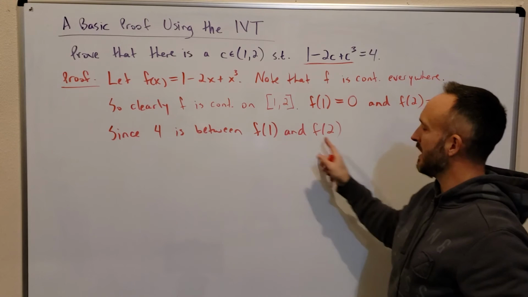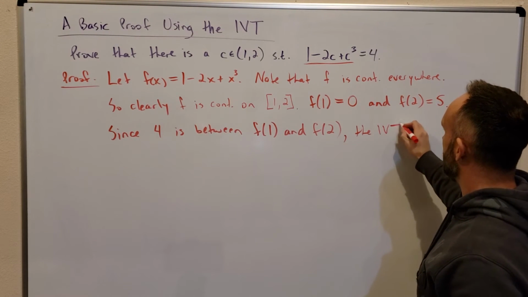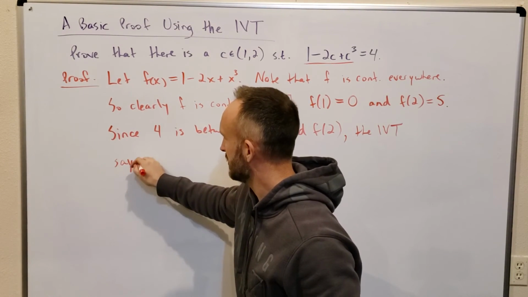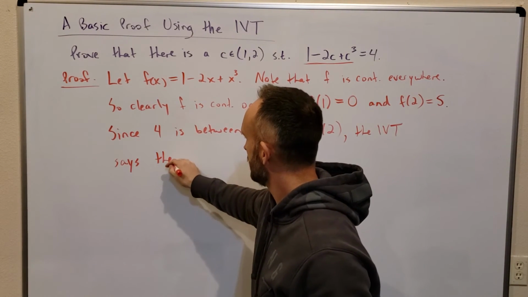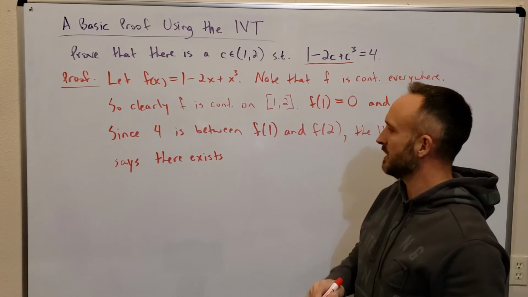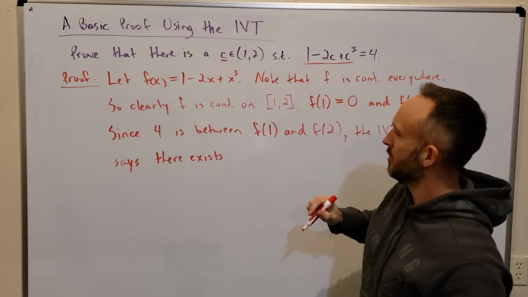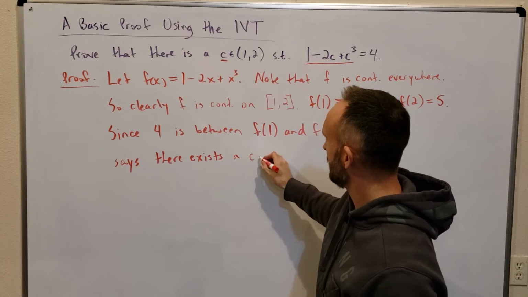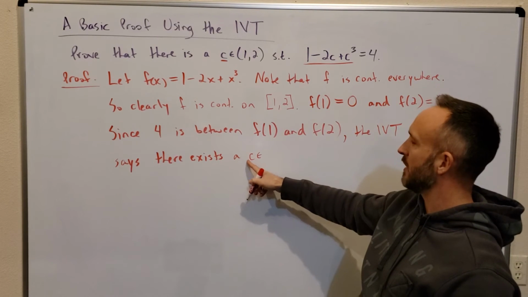So since 4 is between f of 1 and f of 2, the IVT says, let's cite the theorem that we're invoking, says there exists, well, what letter are we using here for our x value? In this case, we're using c, right? So the IVT says there exists a c in the open interval. The IVT guarantees an x value in the open interval.